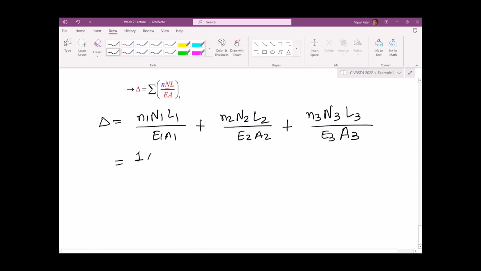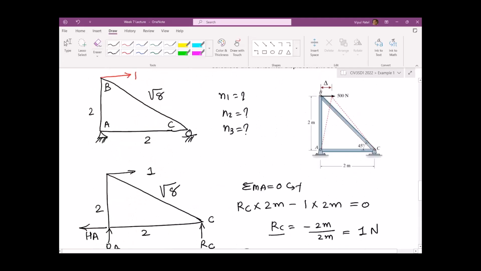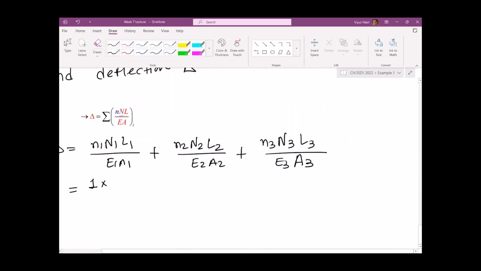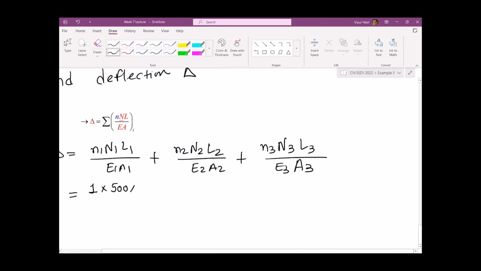1 times capital N1. Let's go back and find it: 500. Length L1 is 2 meters over Young's modulus, which is constant. N2, same thing, with Young's modulus constant.